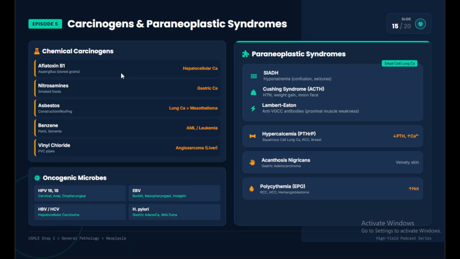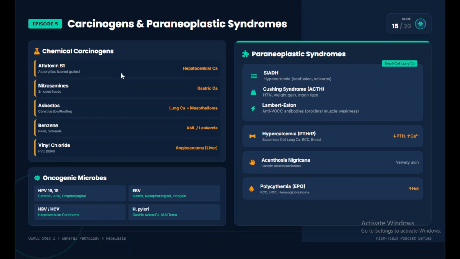So let's talk about chemical carcinogens. Certain chemicals in the environment or the workplace can mutate DNA and initiate cancer. The first one is aflatoxin. The source of aflatoxin B1 is Aspergillus in stored grains, which is a type of fungus, and it leads to hepatocellular carcinoma.